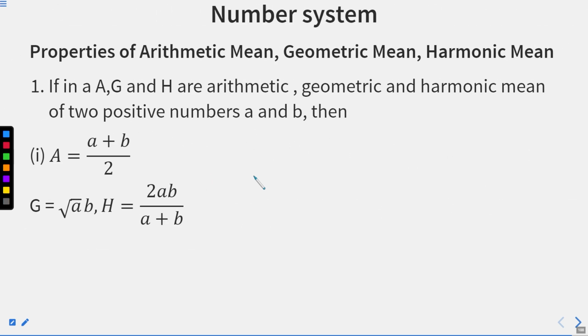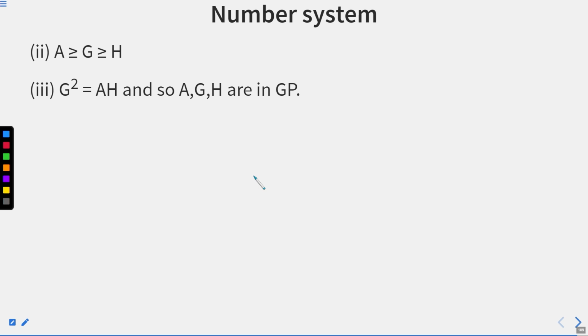There are some properties of the arithmetic mean, geometric mean, and harmonic mean that we must see. If A, G, and H are the arithmetic, geometric, and harmonic means of two positive numbers a and b, then A is greater than G, which is greater than H. So this gives a relation between them: the arithmetic mean is greater than the geometric mean and harmonic mean, and the geometric mean is greater than the harmonic mean.